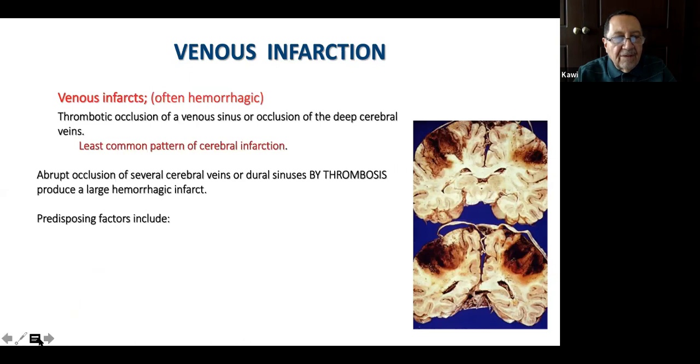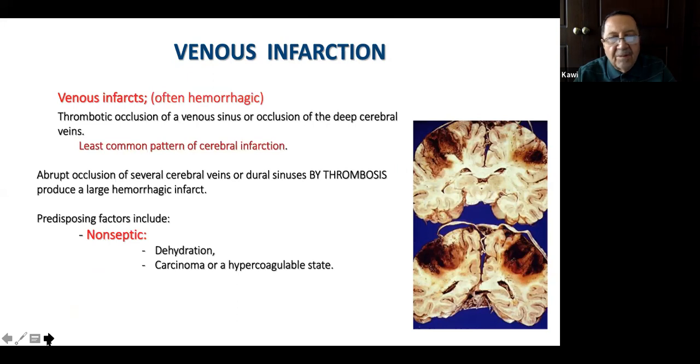The predisposing factor to venous infarction is either an occlusion of the blood vessel of the venous circulation that is non-septic, and non-septic means not associated with inflammation, and that it may be caused by dehydration or disease that leads to hypercoagulable states such as carcinoma, or if it is septic occlusion, it is related to spread of infection from an adjacent focus.